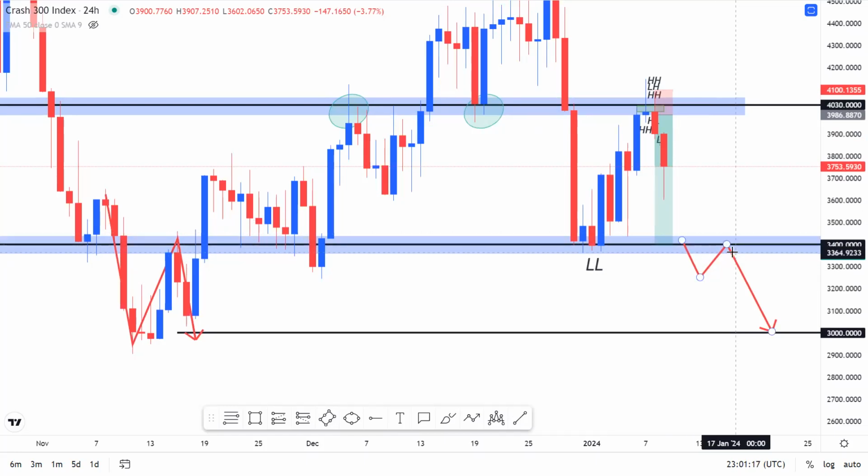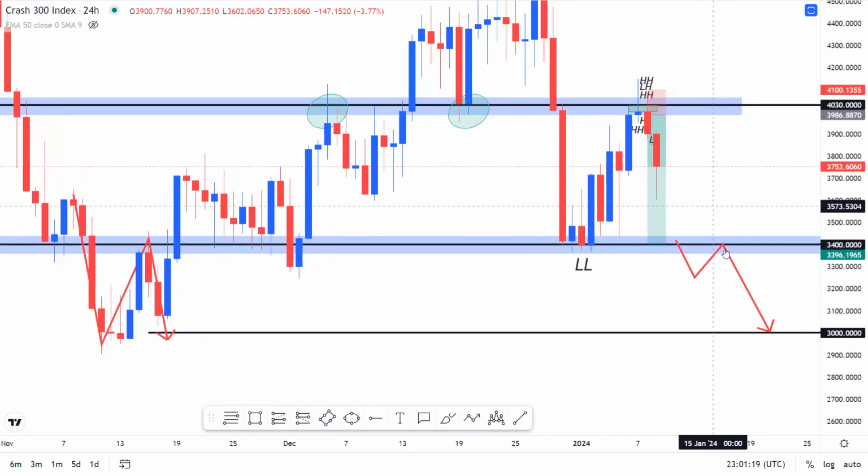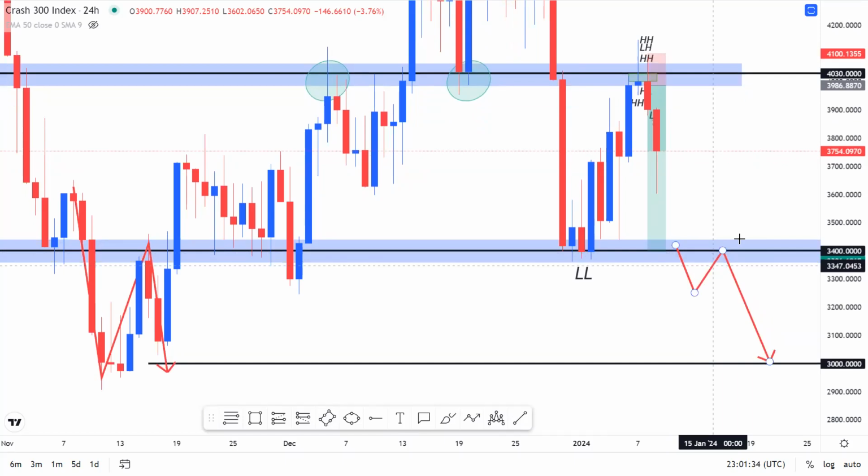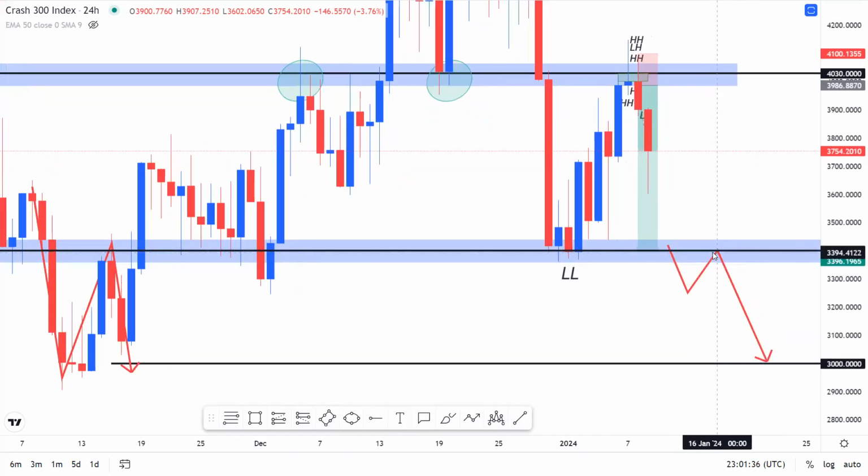And then as soon as you get to see those rejections from the level, scale down to the lower time frame once again. You can stick with the daily, the 4-hourly time frame, the 1-hourly time frame, the 30 minutes, whichever one of these time frames. Scale right down to any one of the lower time frames, and then what?